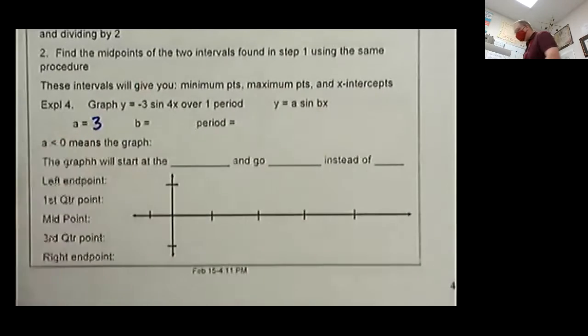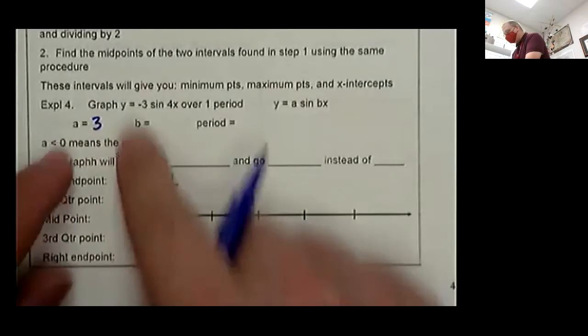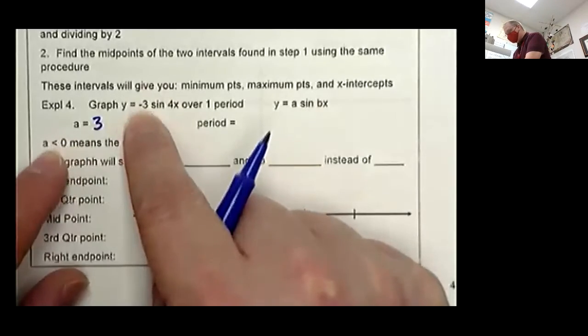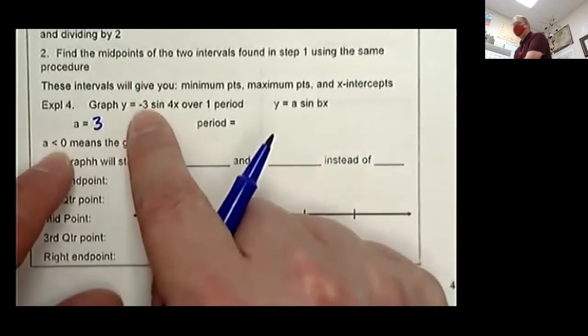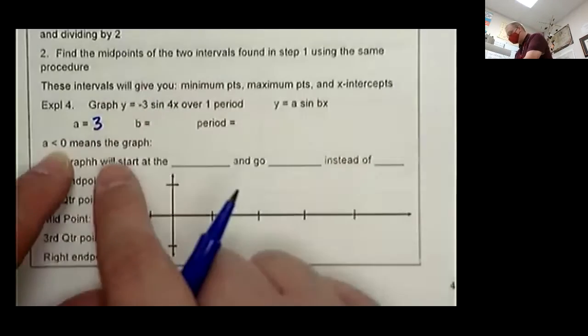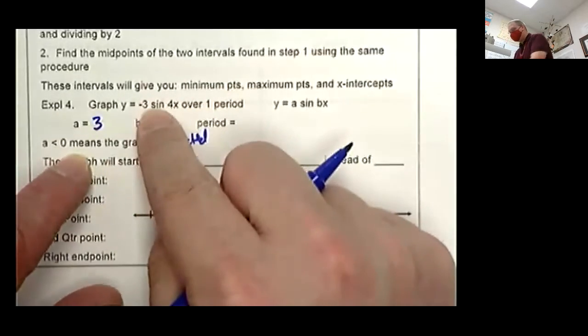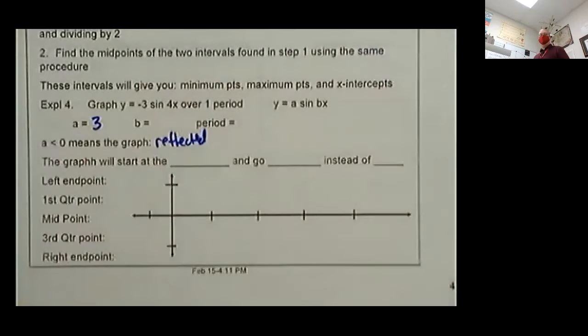Note that amplitude is always positive. However, the coefficient is also negative 3 because the value is negative, again, from college algebra last semester. That means the graph is reflected. So because we have a sine graph, we're still starting at 0, but instead of going up, we're going to go down because it's going to be a reflection of the graph.